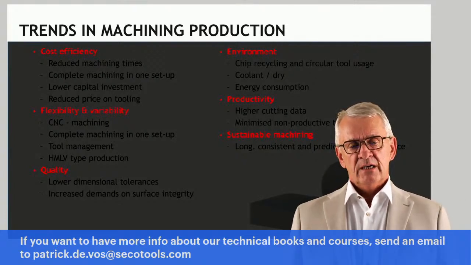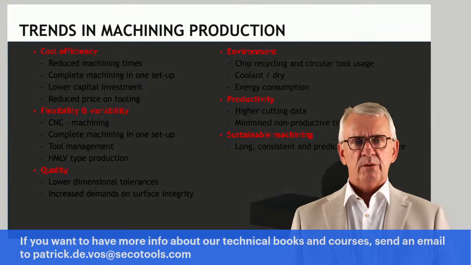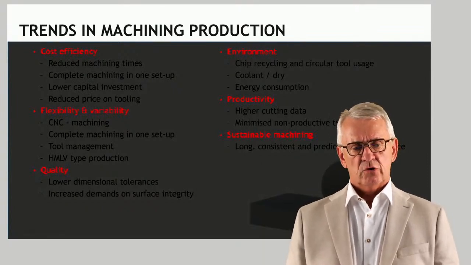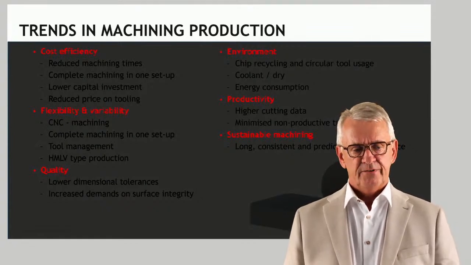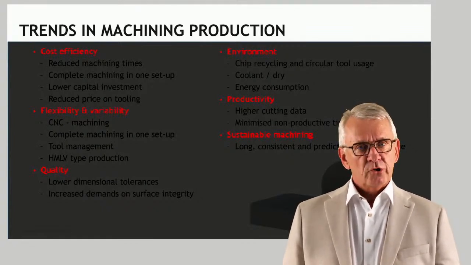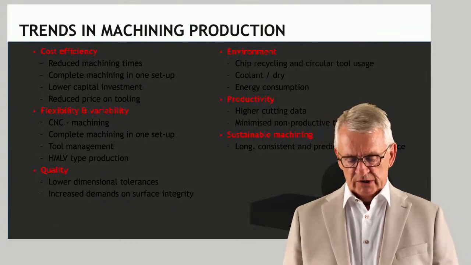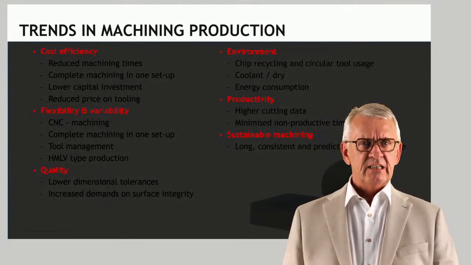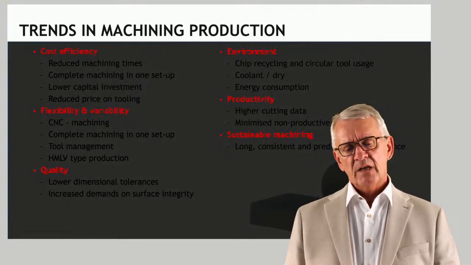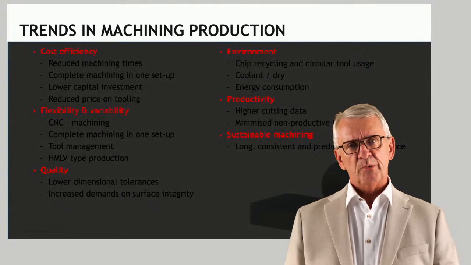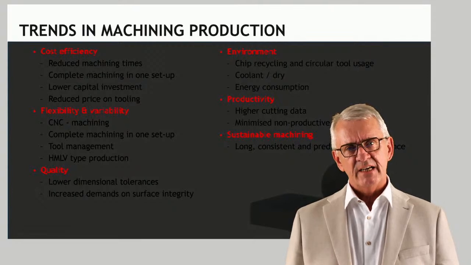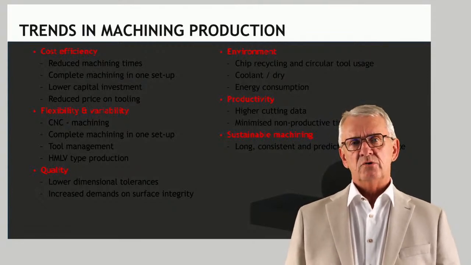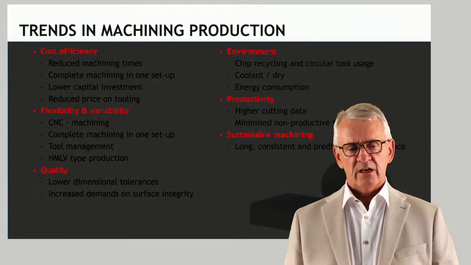But if we look at machining production, what is important today more than ever is cost efficiency, flexibility, variability, quality of finished workpieces, productivity, the traditional stuff, but it's also about the environment. Doing machining in such a way that we have some respect for resources, material resources, for energy, that we don't put too high loads on the environment.